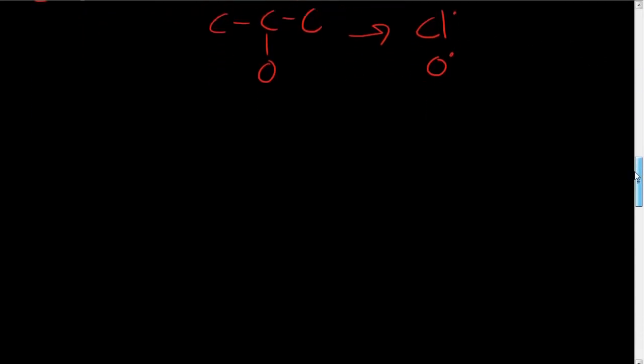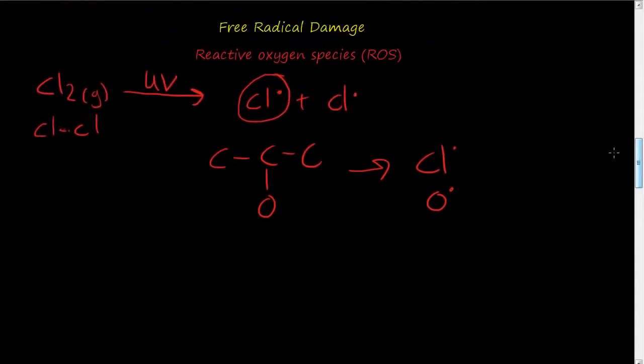Now, free radicals happen all the time in our body, and one of the processes that we'll talk about is this: you have, let's say, a mitochondria.